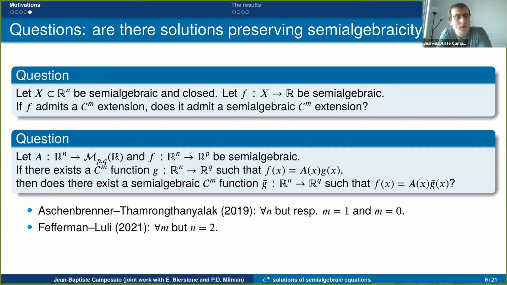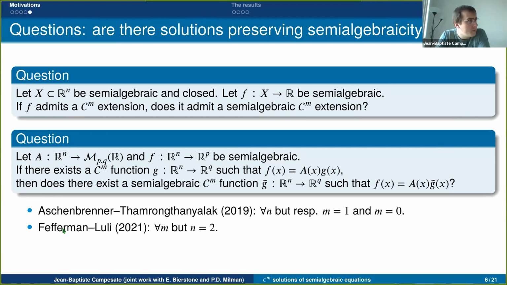Very recently, Fefferman and Luli obtained other partial results in any regularity, so for any m, but the proofs only hold on the plane, so when we have two variables, when n is equal to 2.